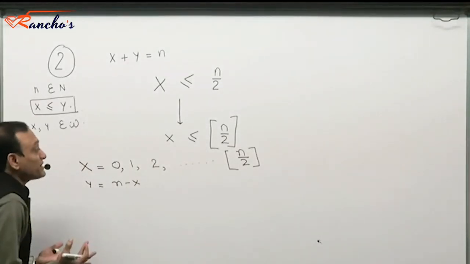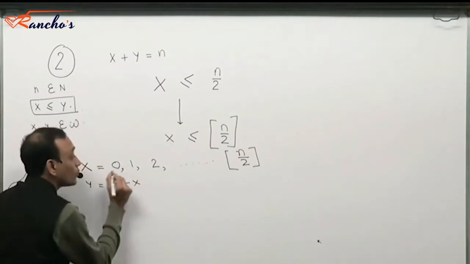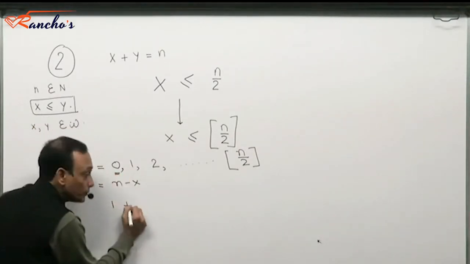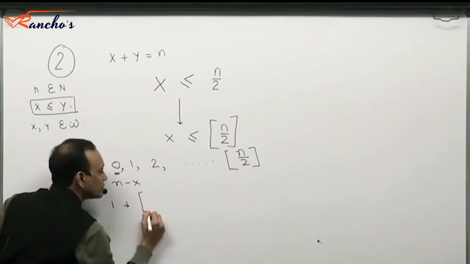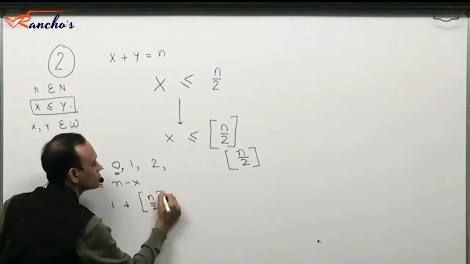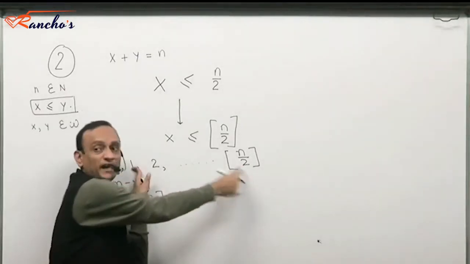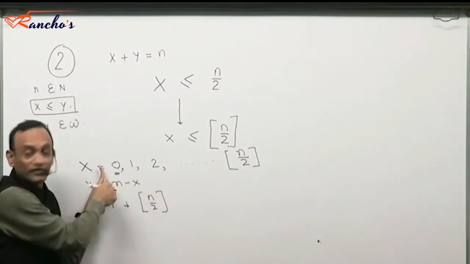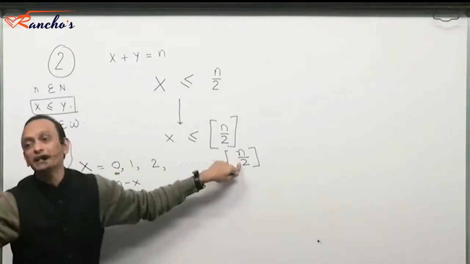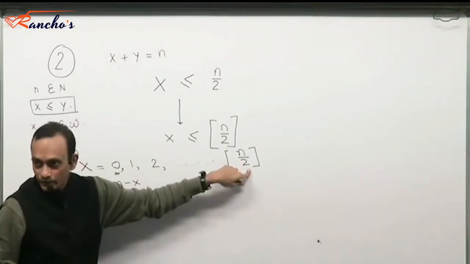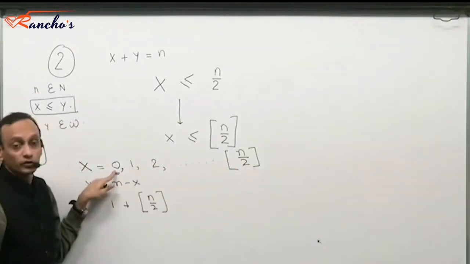How many values of x are there? Well, 1. This is one value. Plus, how many more values? These are the integer part of n by 2. Suppose this integer part of n by 2 is 10. Then 1 to 10, 10 values plus 1 value, 11 values. Suppose the integer part of n by 2 is 20. Then 1 to 20 would be 20 values plus 1 value, 21 values.